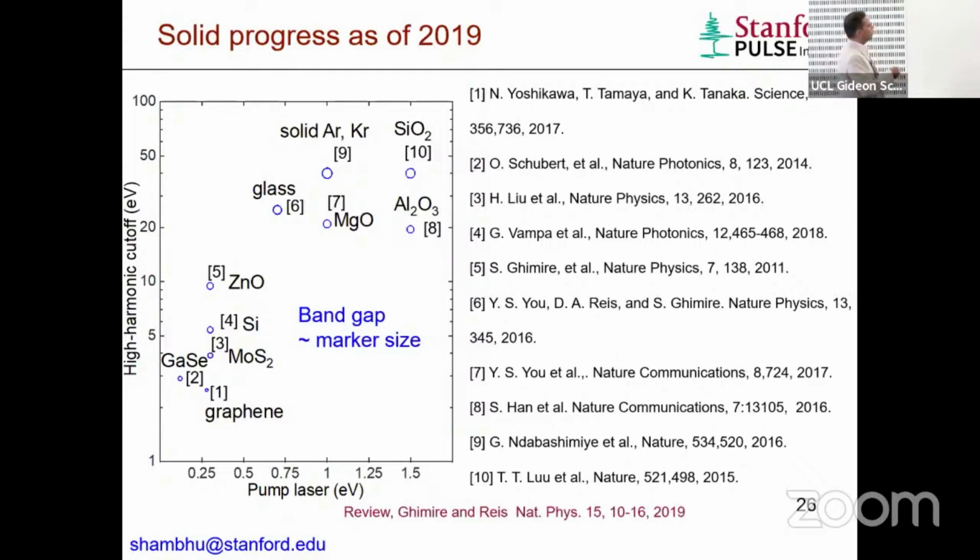And for smaller band gap systems like semiconductors, zinc oxide, silicon, MoS2, graphene and topological insulators, which are not on this plot. And as I said, there has been a lot of activity since 2019, and maybe now is the time to write another review, and I will talk to Nina afterward about that.